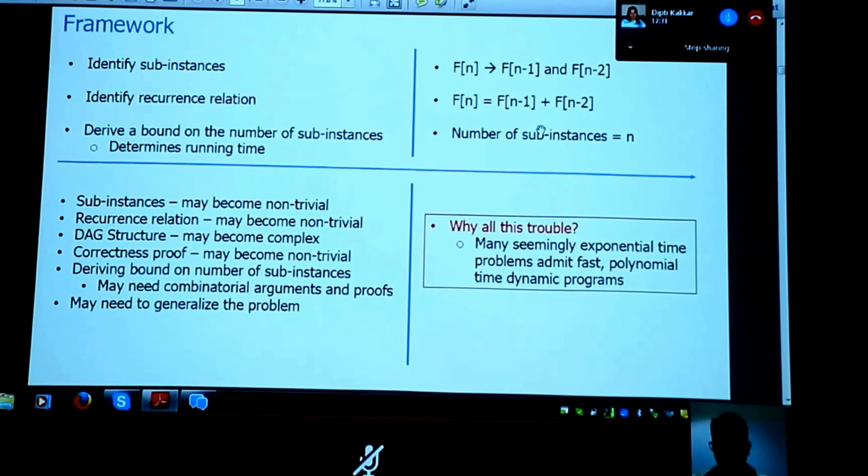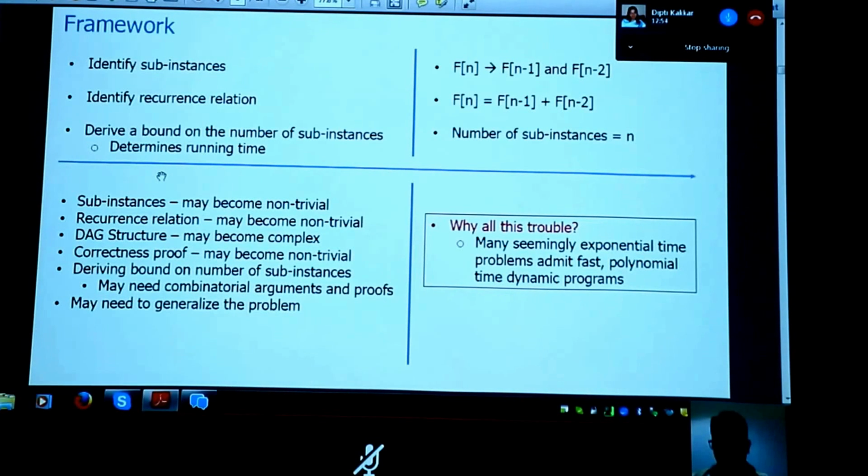In general though, all of these steps may become quite complicated. It may be non-trivial to identify what sub-instances I should be dealing with. The second thing is, how I combine them may become non-trivial in some cases. The DAG structure may not be so simple; it may itself become complex. In the case of Fibonacci, how do I prove that my recurrence relation is correct?